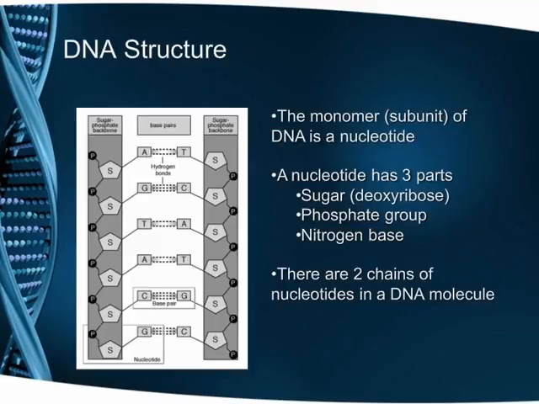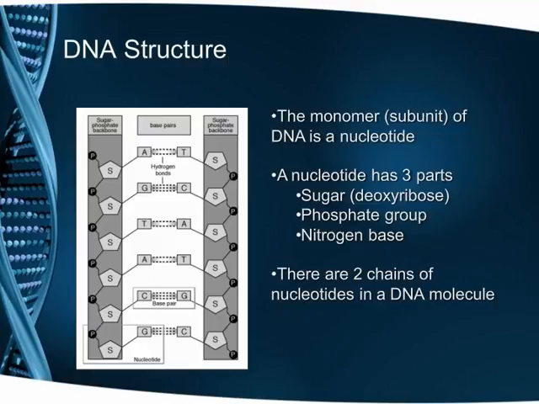Listen very carefully as we go through this slide on DNA structure. You will see the same picture of DNA structure on the left side of your graphic organizer. I want you to start down at the bottom of that picture.